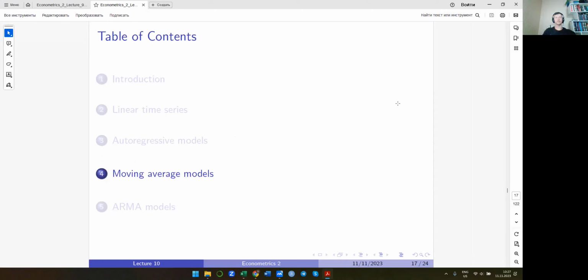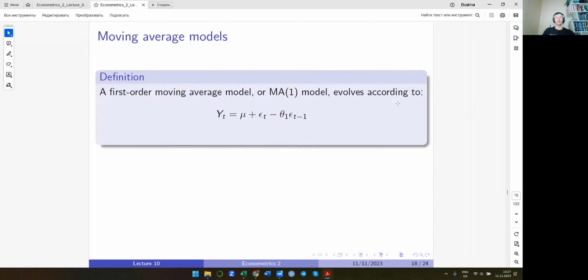Now, moving average models. What is this? A moving average model of order 1 has the following structure. Yt consists of 3 parts: mu, the mean, epsilon t, the white noise at the current moment, minus theta 1 times epsilon t minus 1, the white noise in the previous period.